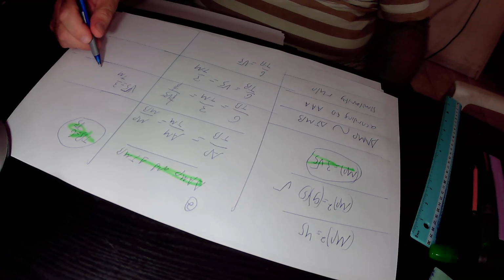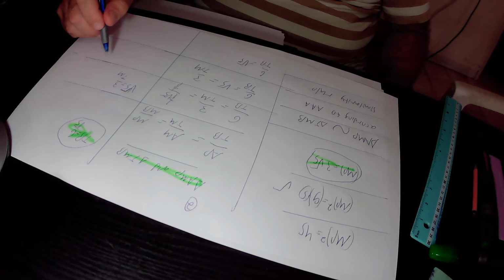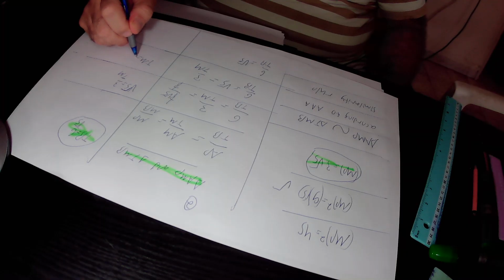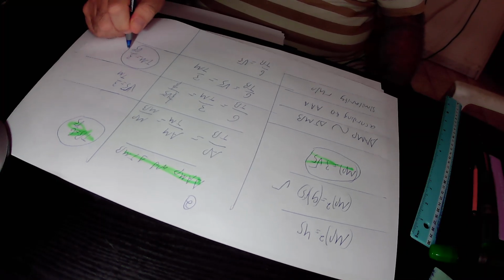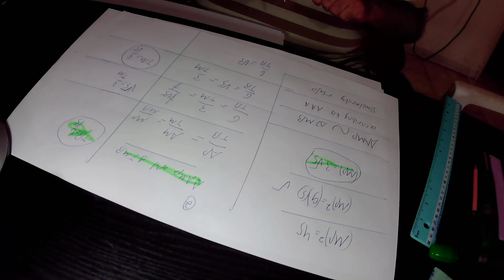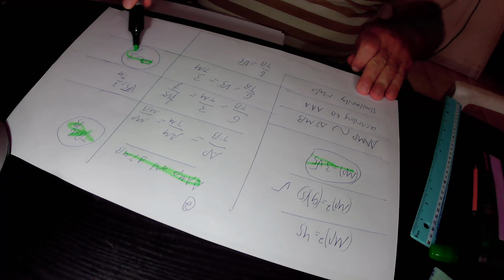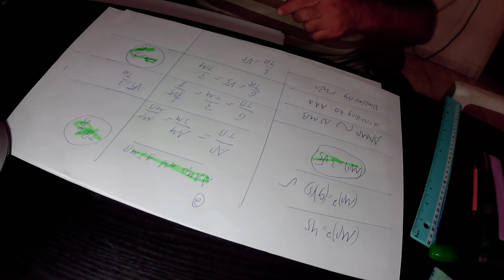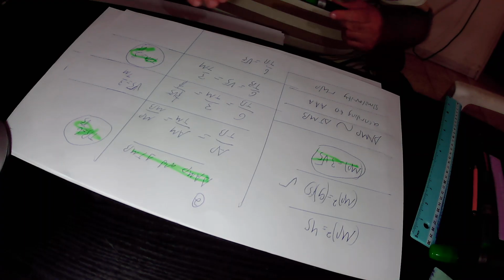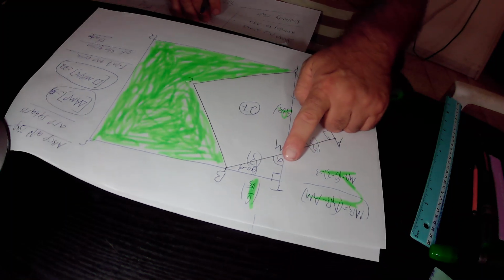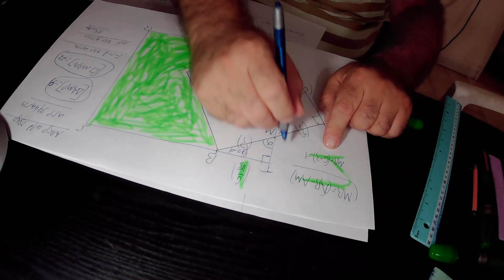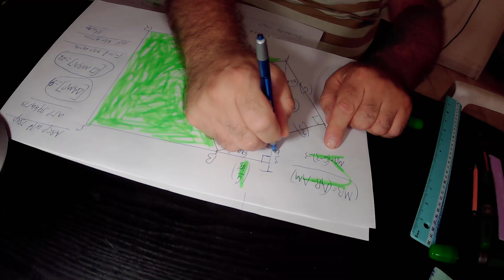Here we multiply this equation by TM and then divide it by square root of 5, and we get that TM equals 3 over square root of 5 units in length. This is side TM, which equals 3 over square root of 5 units in length.